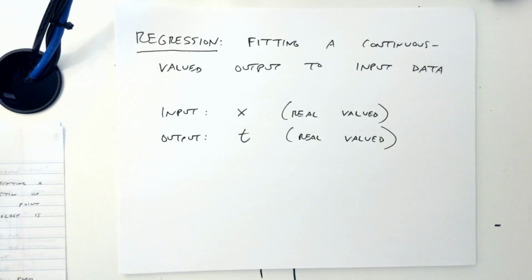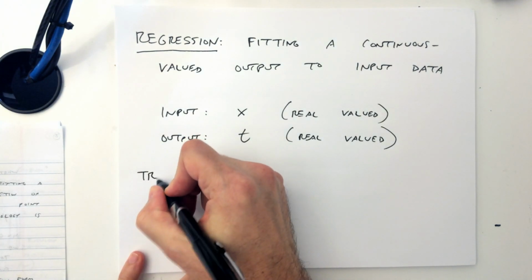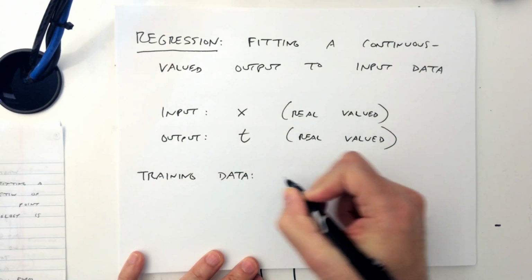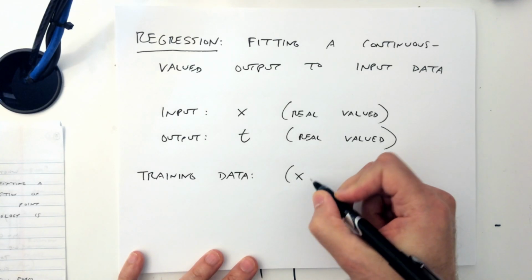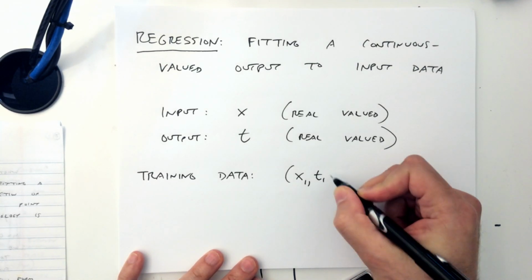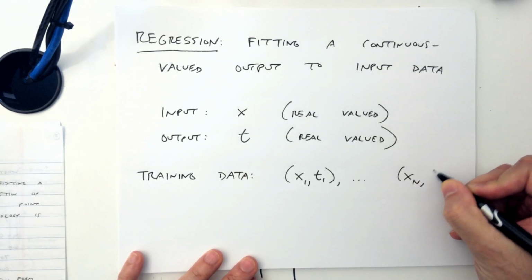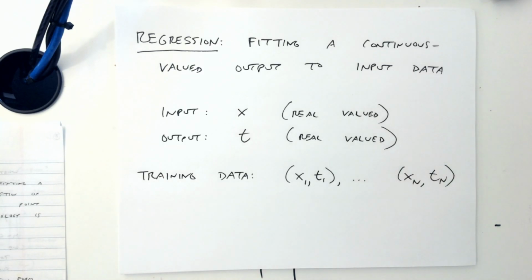The training data takes the form of a bunch of pairs of x and t: x1, t1, all the way to xn, tn. You can imagine these as a whole bunch of xy points in the plane. Our goal is to make a good prediction of t given some new input x.